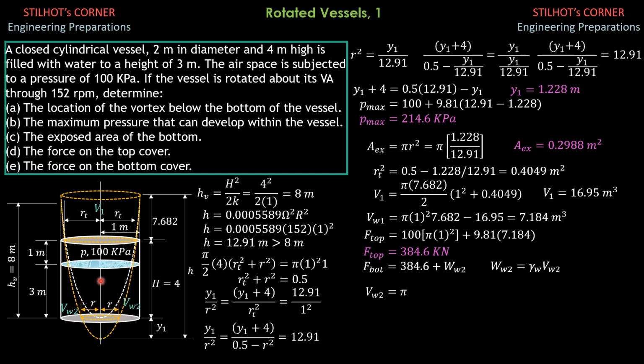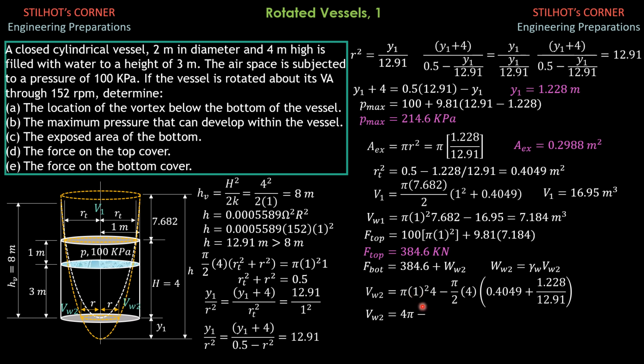using the volume of a paraboloid of revolution with two bases. So I'll call that volume of water 2 equals pi 1 square times 4, the volume of the right circular cylinder, minus the volume of this imaginary air paraboloid of revolution with two bases, R sub T and R. So R sub T square is 0.4049, then R square is Y1, 1.228 over 12.91.